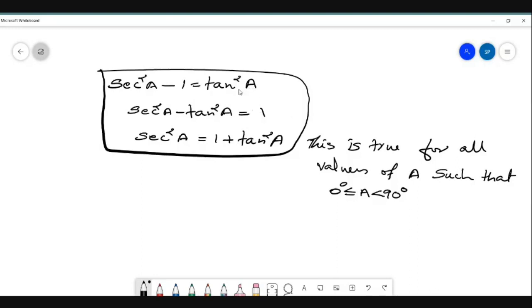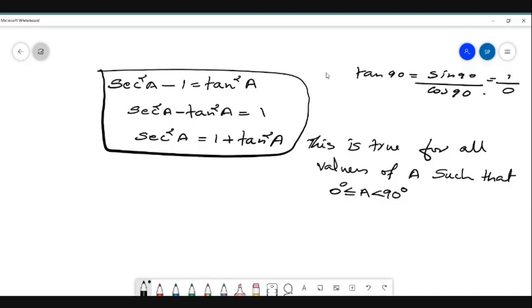Why is it? Because tan 90 means it is sin 90 by cos 90. Sin 90 we know the value is 1. Cos 90 value is 0. So 1 by 0 is not defined. So tan 90 is not defined.